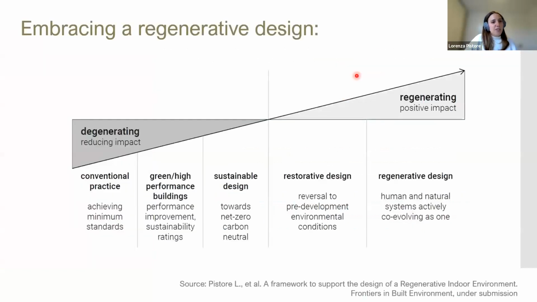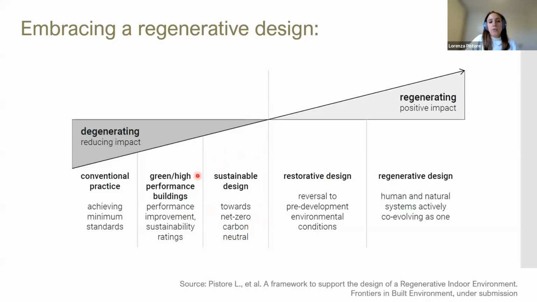So maybe it's a little bit more clear from this plot. We want to move, as I said, from reducing the impact to doing a positive impact. So we need to move from the conventional practice where buildings just aim at achieving minimum standards. We can move to a green performance building where we have a performance improvement also according to sustainability ratings.